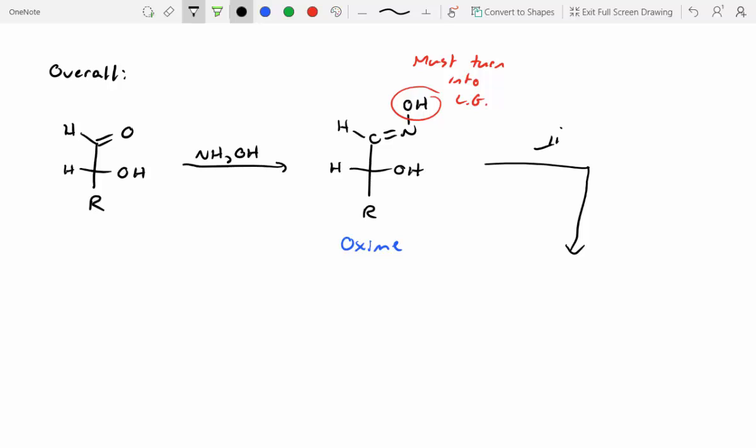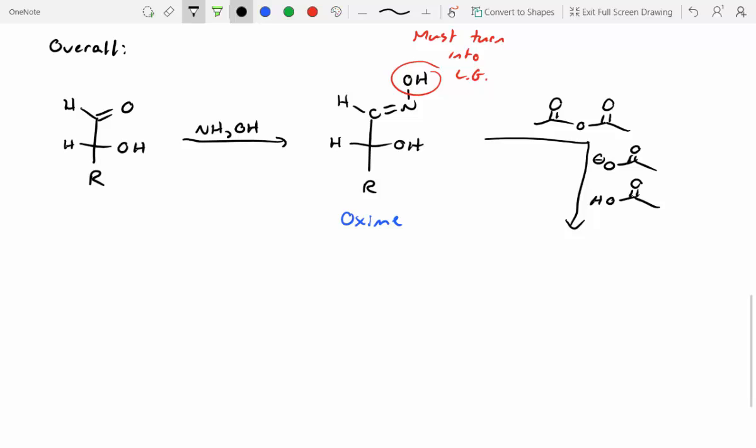We're going to treat this with acetic anhydride, along with the conjugate base of that, and then acetic acid. So really all we're doing is making a buffer with the bottom two reagents, right? In this step, we're going to acylate it and then turn that into a good leaving group, and it will end up getting popped off during this reaction.